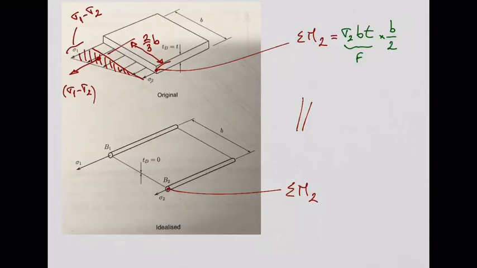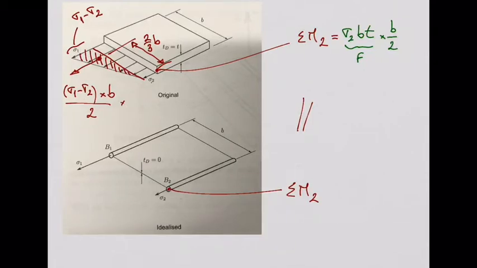So I need to multiply by B and divide by 2. So this is the area of the triangle. But this will give me what? This will give me a force per unit length. So in order to have the force, I need to multiply this now by the thickness, T. So I have the total force.